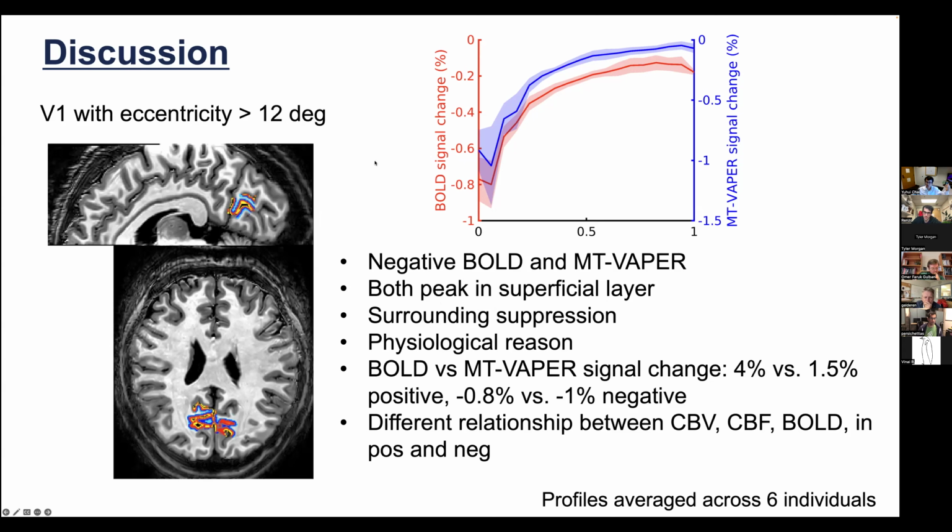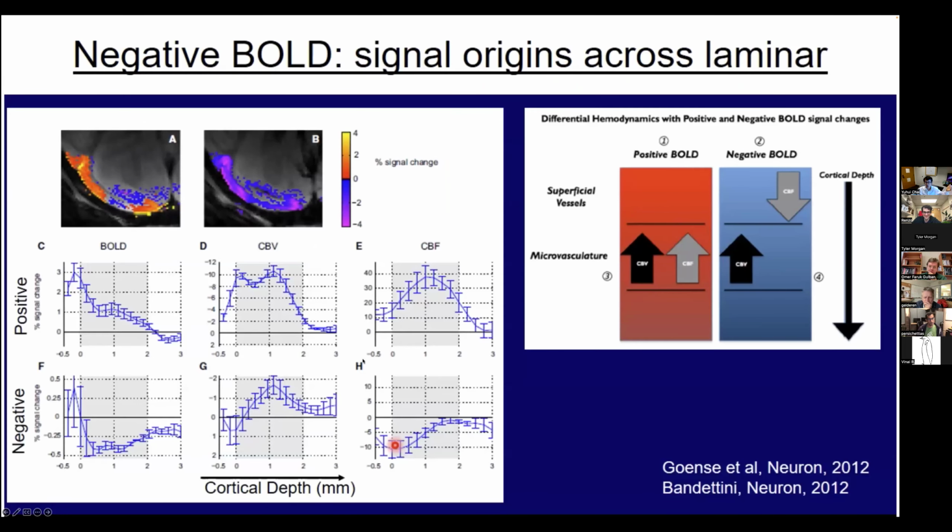And for negative BOLD, we know it also has quite complicated physiological mechanisms underneath. For example, the relationship between CBV, CBF, and BOLD is different in the positive and negative ranges. I borrowed one slide of results from a previous paper of Joseph's and also a figure from a previous paper of Peter's.